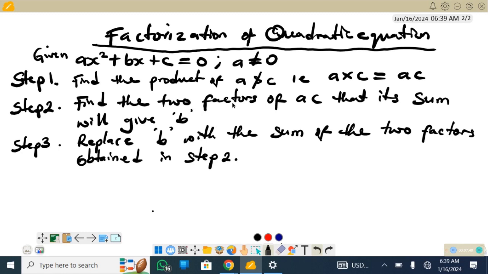So the two factors that you have gotten here, you use the sum of those two factors to replace b in this equation here.